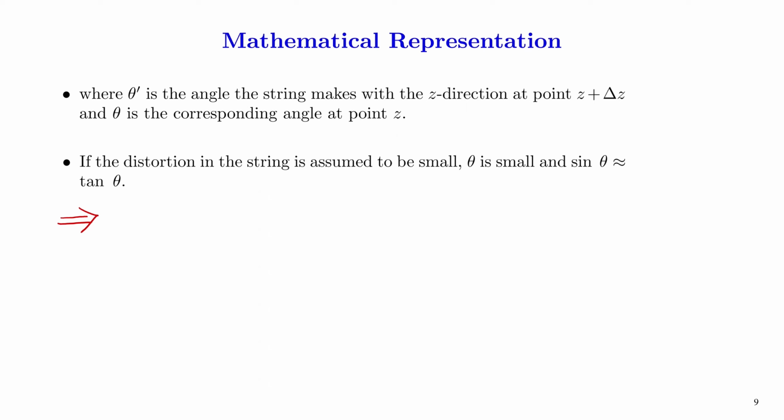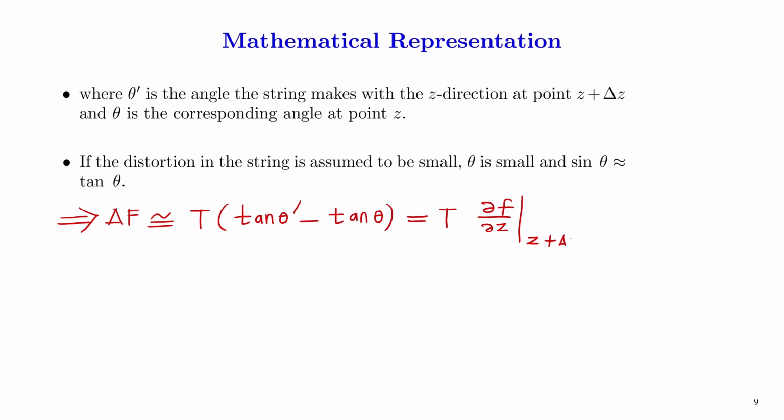Therefore, this expression can be rewritten as delta f approximately equal to T times tan theta dash minus tan theta, and this can be written as T multiplied by ∂f/∂z at z plus delta z minus ∂f/∂z at z.